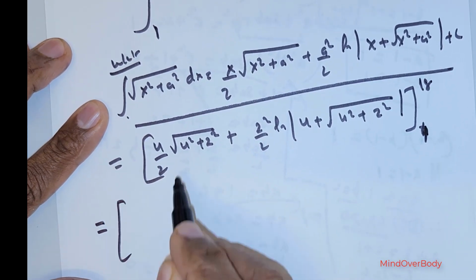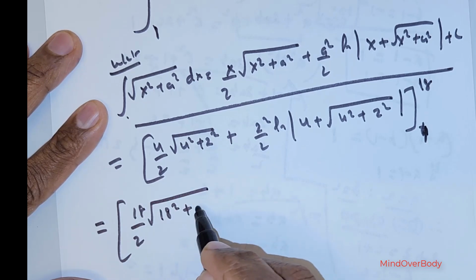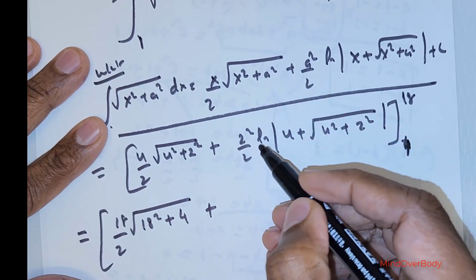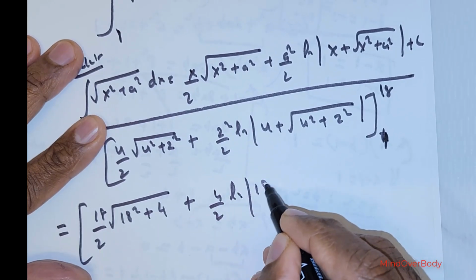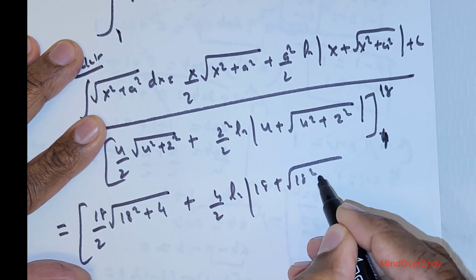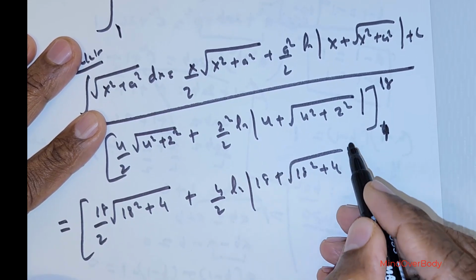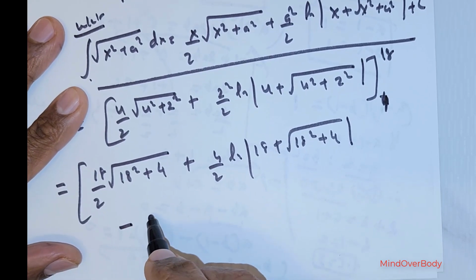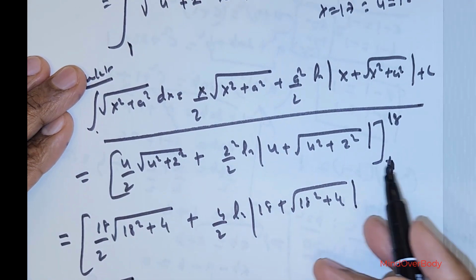So this is equal to, you substitute the upper limit, 18 over 2 root of 18 squared plus 4, plus a squared, this is 4 over 2 ln modulus of 18 plus root of 18 squared plus 4. This is the upper limit minus the lower limit, right? So the lower limit is going to be u equal to 1, right?